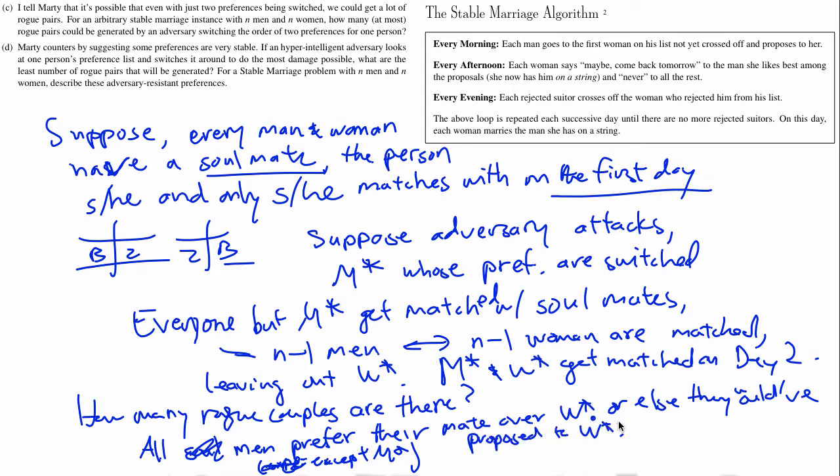So this leaves out M star. Who does M star prefer? Well, M star prefers someone other than W star, or else he would have proposed to her first on day 1.